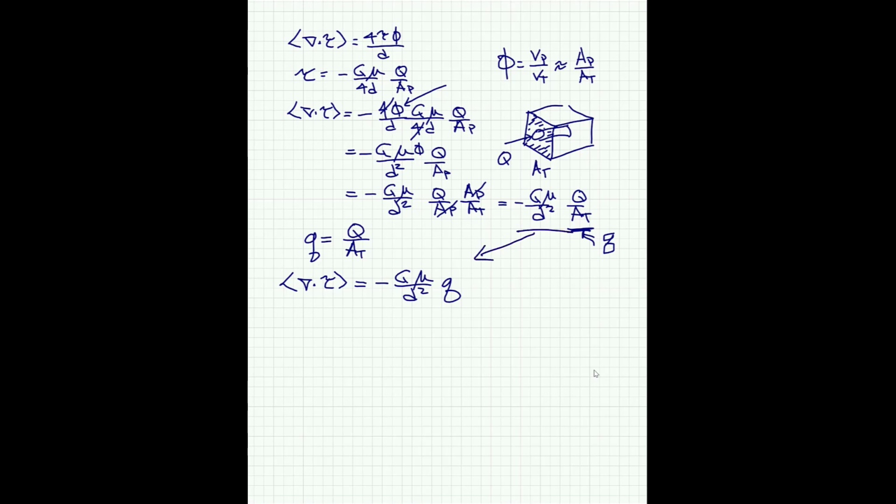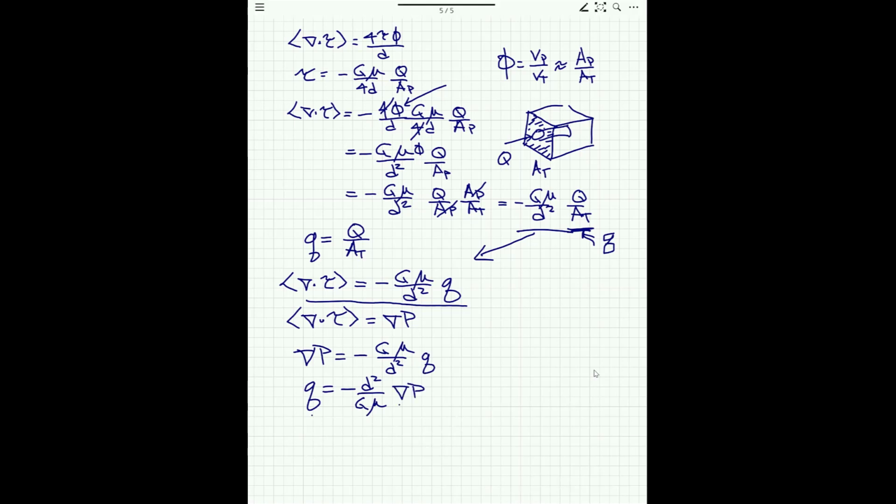All right, so we're getting there. Now, if we go back a couple of pages and look at what we got for the Navier-Stokes equation, what we said was that that equals the pressure gradient. Well, now we have another expression for the divergence of the flux equal to this stuff. So we can write this, and we can solve for q. This relates the flux to the pressure gradient.